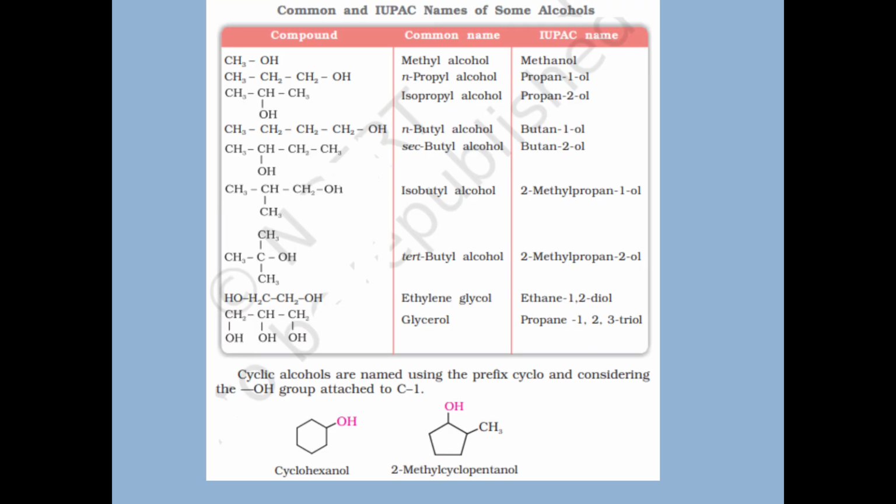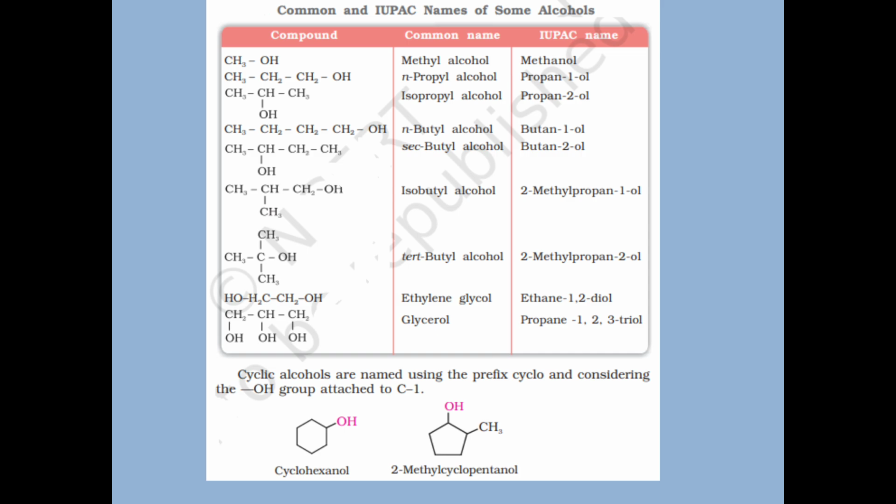Common and IUPAC names of some alcohols. First is methyl alcohol or methanol, second is n-propyl alcohol or n-propanol. Third is isopropyl alcohol or propan-2-ol.